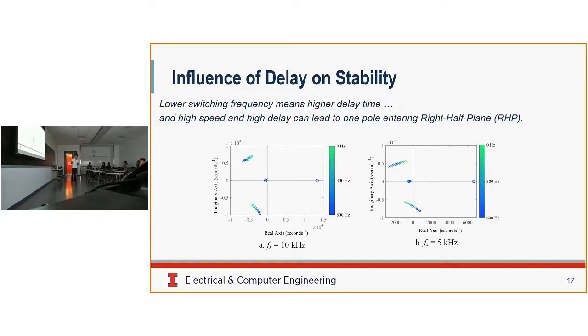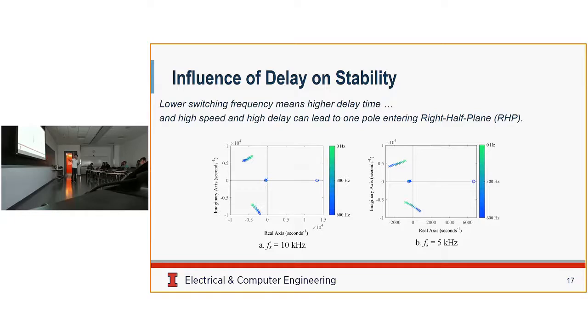We can see that it moves rightwards as the frequency goes up. So it means it causes the system to have a probability of getting into an unstable operating condition, especially for high delay. The left figure is a sampling frequency of 10 kilohertz, and this one is 5 kilohertz.